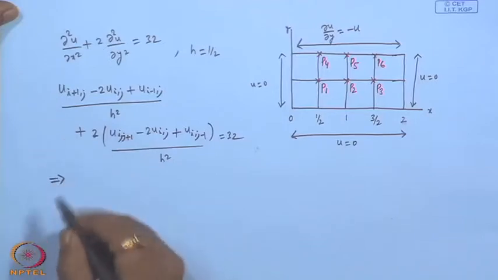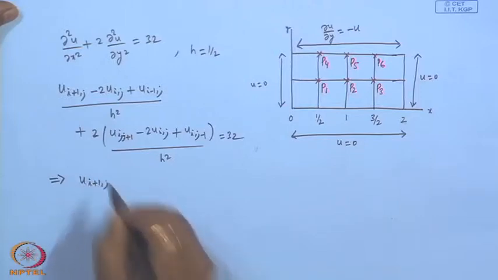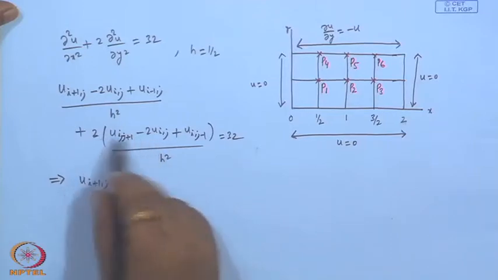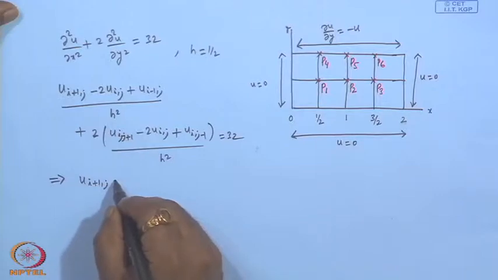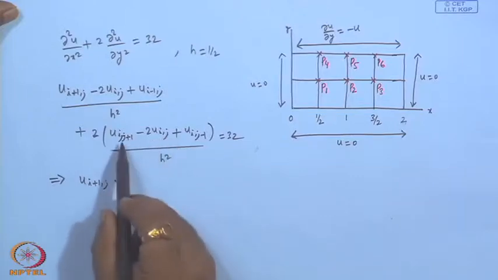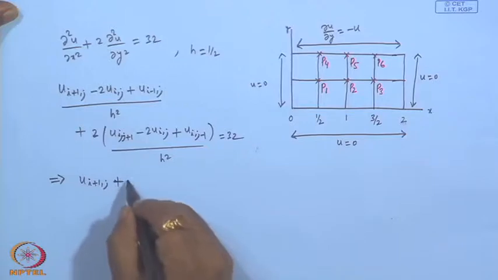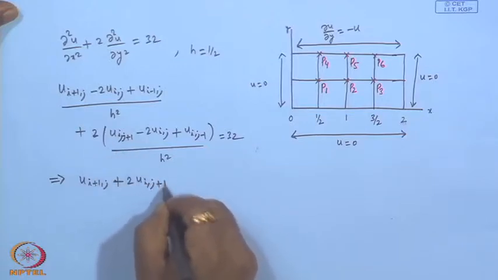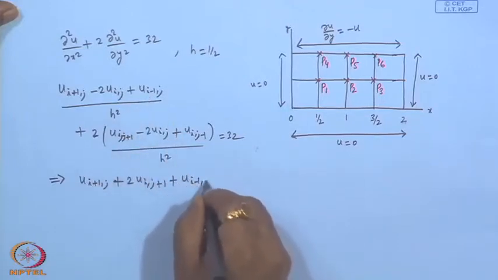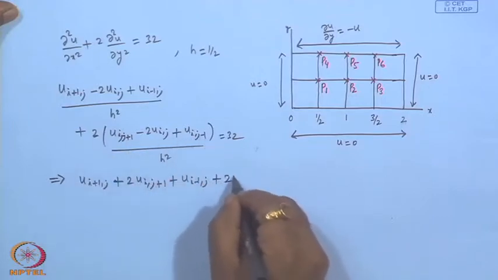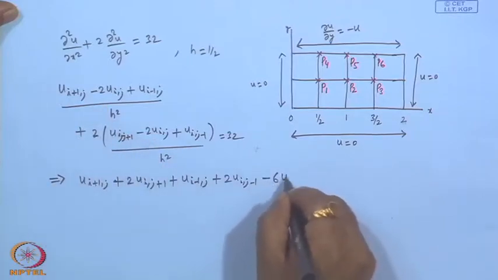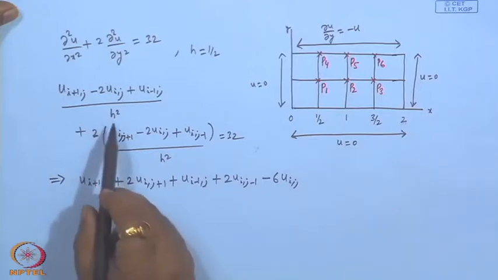So, we get u i plus 1 j, u i minus 1 j, 2 times u i j plus 1, then minus 2 u i j and minus 4, so minus 6 u i j, and we have h square, that is 4.